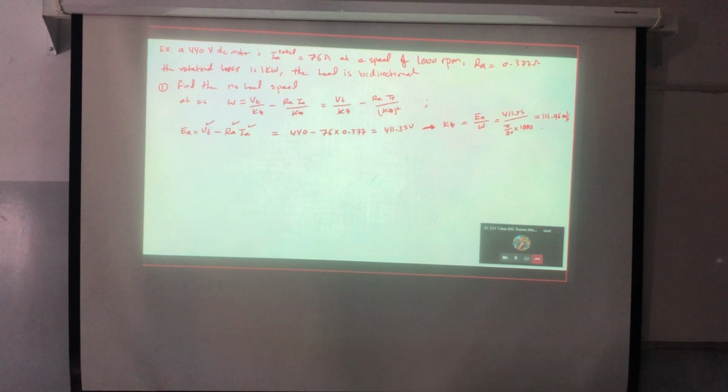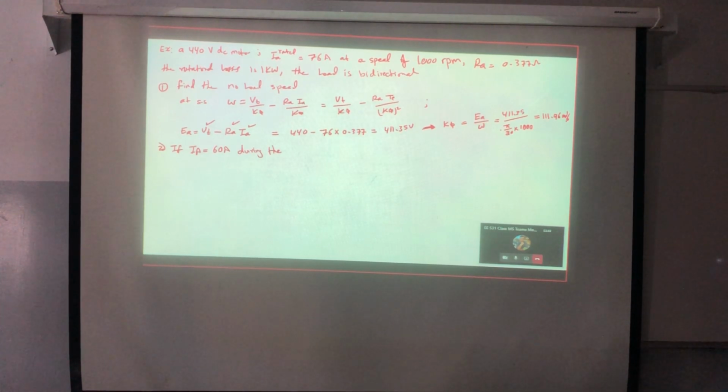The second thing, if IA is equal to 60 ampere during the regenerative braking. Doctor, we went up to 111, what is this? Is it omega no load? No, it is K phi, we substitute it above.